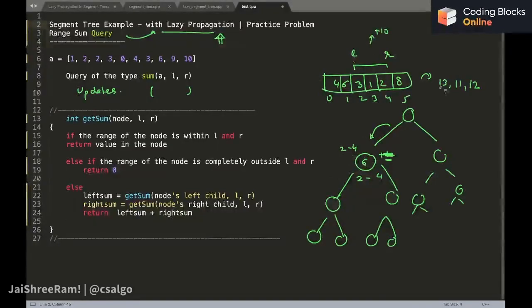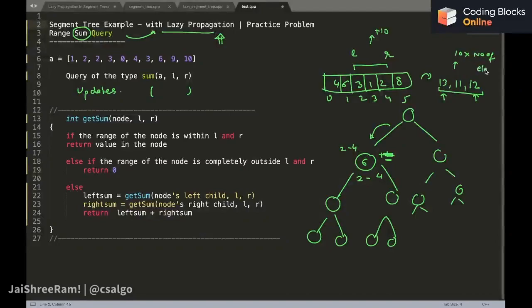So what value will you add to your current sum? That will basically depend upon the problem. If you see the sum of the updated array, the problem that we are doing is a sum query. In the minimum case it was fine, you just add 10 and your work was done, but the problem is with sum. If you update all the elements then the sum will increase by 10 into 3, that is the number of elements.